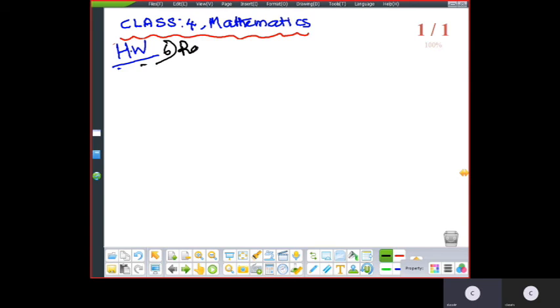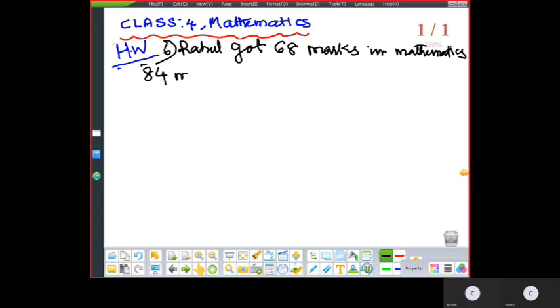Rahul got 68 marks in mathematics, 84 marks in English and 72 marks in Hindi.